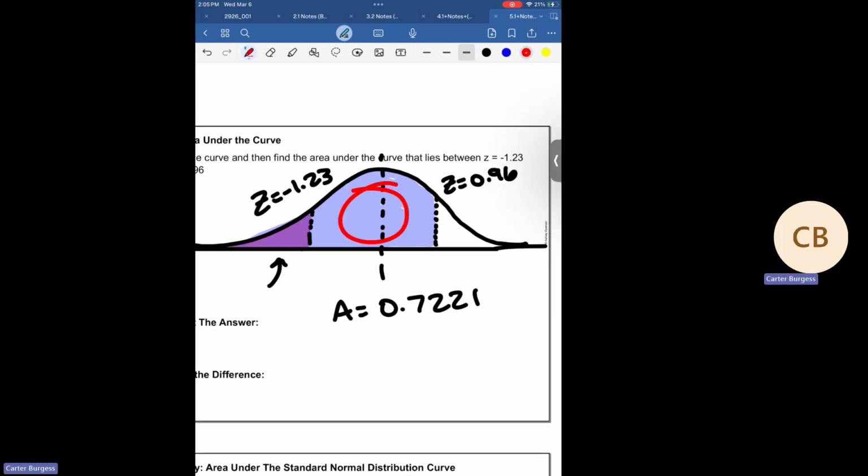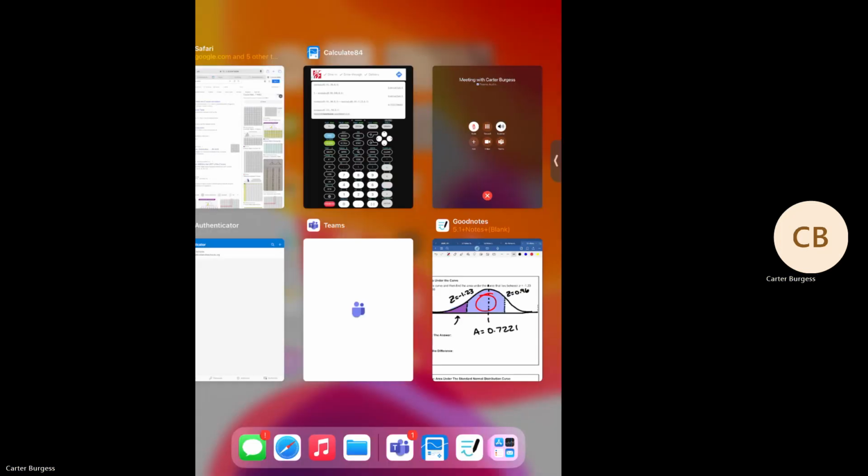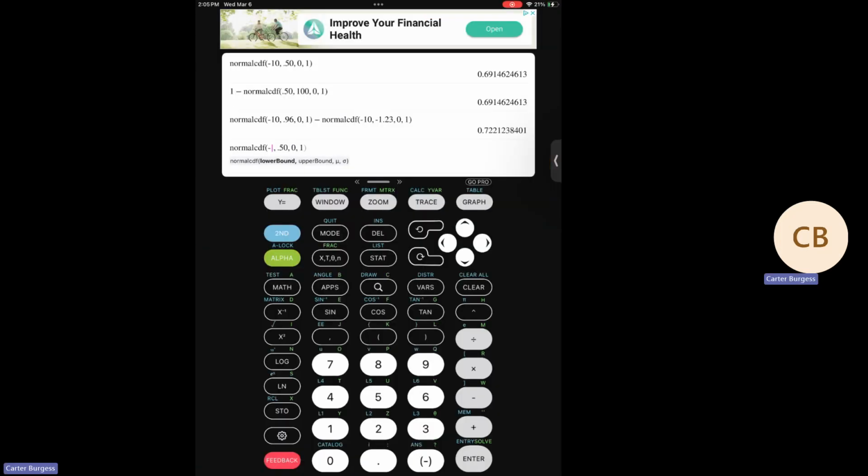Negative 1.23. And what's the largest possible z-score that we could see? 0.96. That's my lower bound, that's my upper bound. So the lower bound is negative 1.23. The upper bound is 0.96.